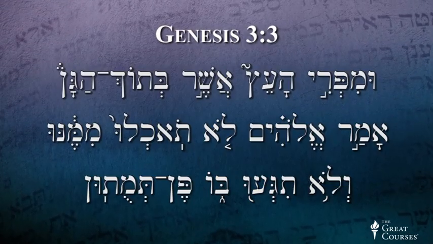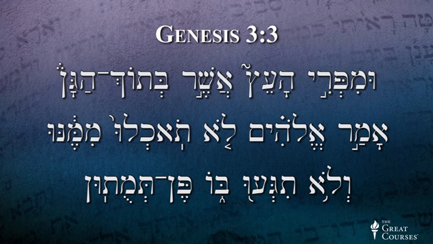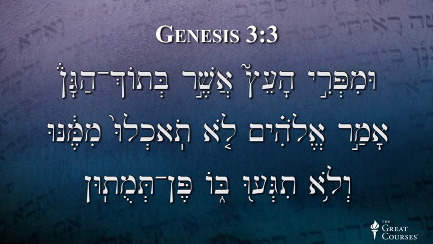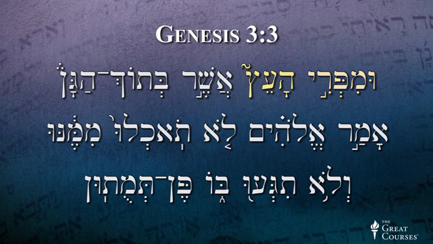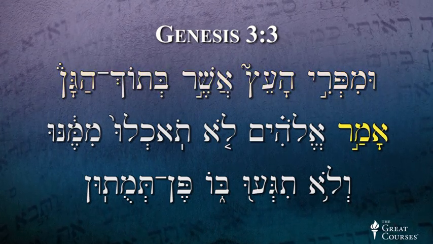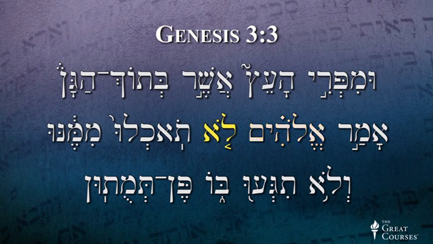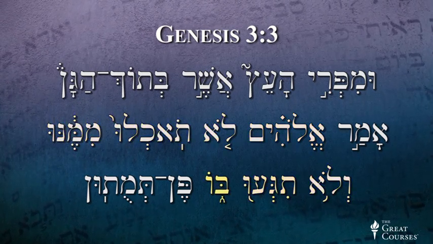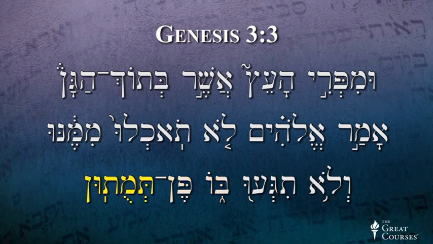Here's another one from Genesis 3:3 in the Garden of Eden story. Eve is explaining the rules to the snake. Umi pri ha'etz asher betoch hagan, amar Elohim, lo tochlu mimenu, velo tig'u bo pen timutun.